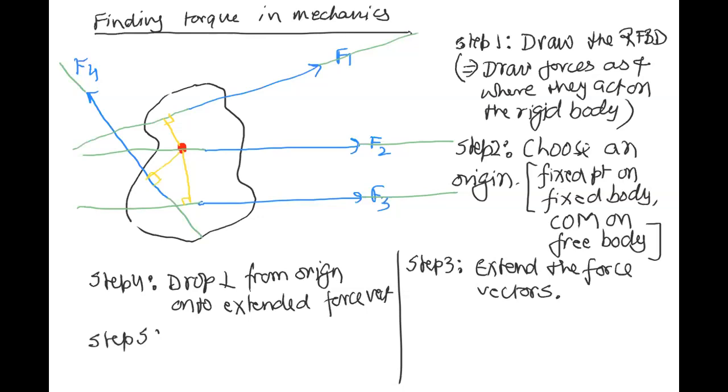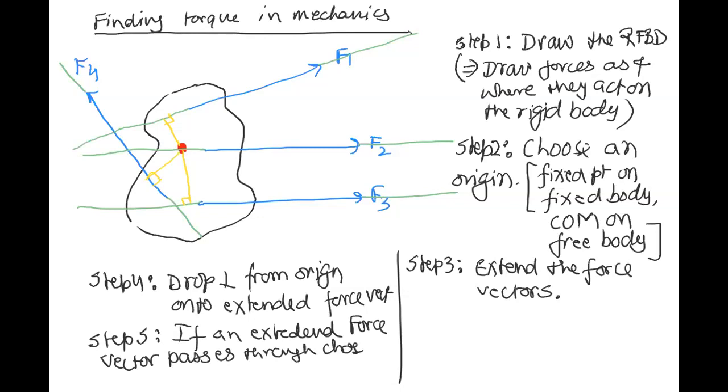Step 5. If an extended force vector passes through the chosen origin, then the torque due to that force is zero.